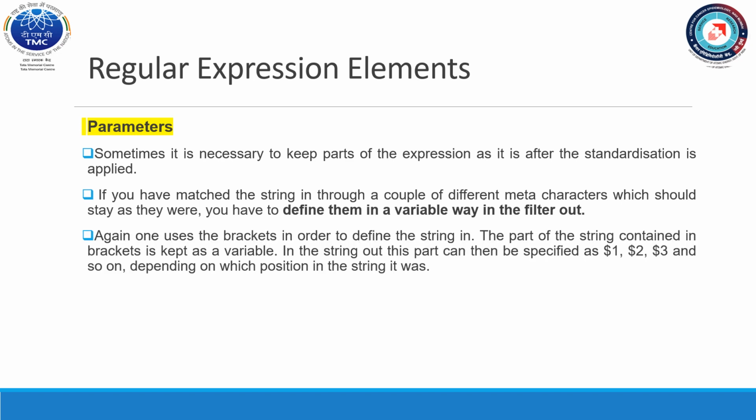Again, one uses the brackets in order to define the string in. The part of the string contained in brackets is kept as a variable. In the string out, this part can then be specified as $1, $2, $3 and so on, depending on which position in the string it was.